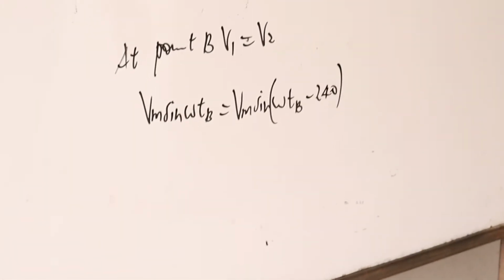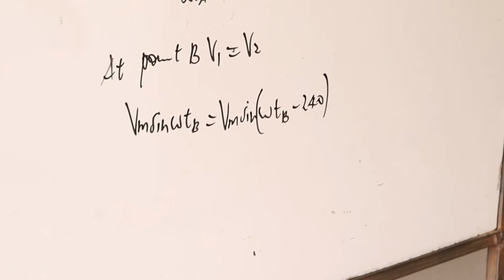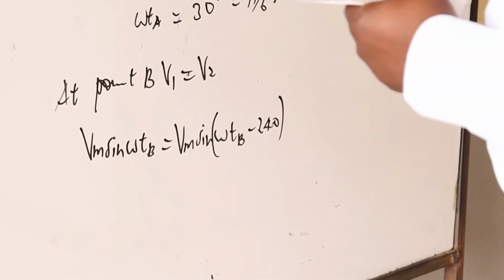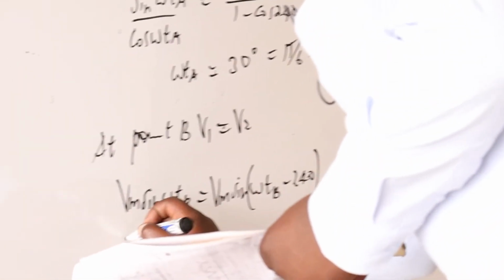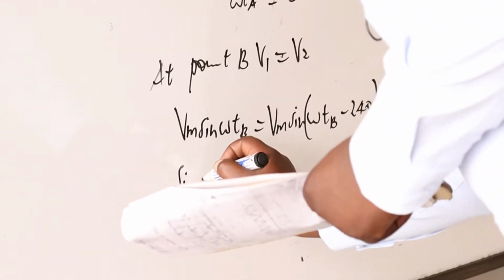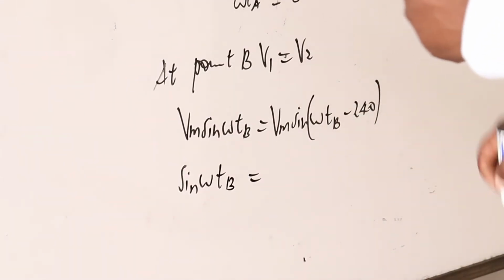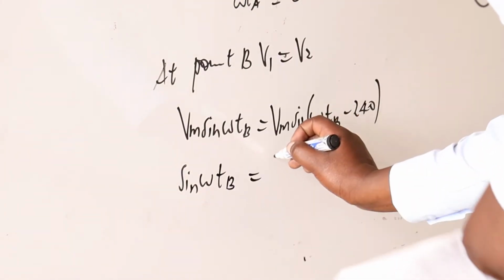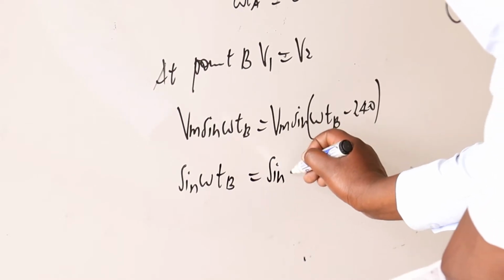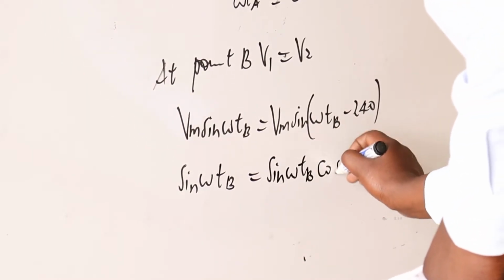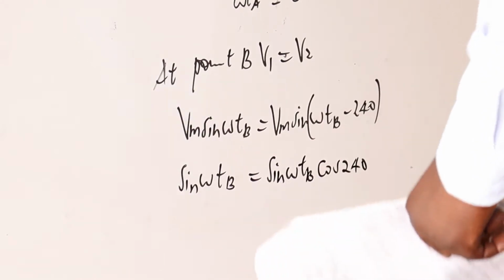So we undertake the same procedure. So we shall have Vm and Vm goes. So we have sine omega t at point B equals sine omega t at point B cos 240.